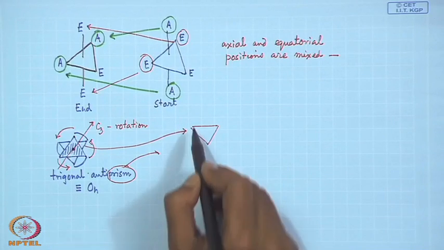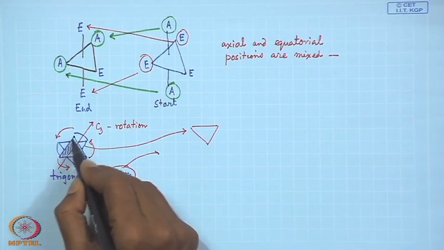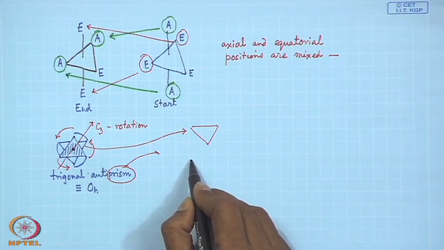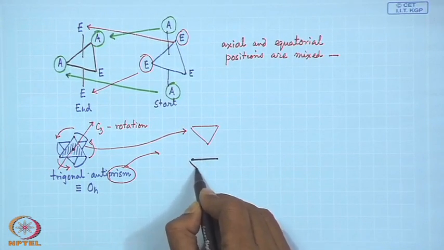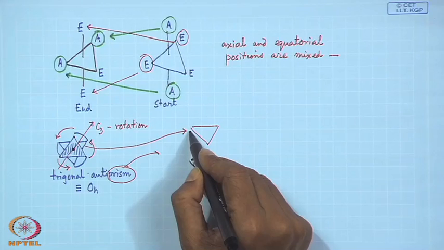This back one is still in this form, but the front one, the above one in the shaded portion, is also moving in this direction. So, this is the shaded one on top.